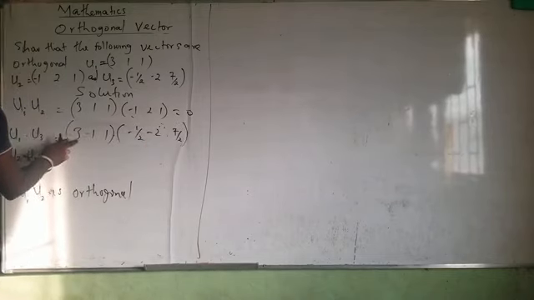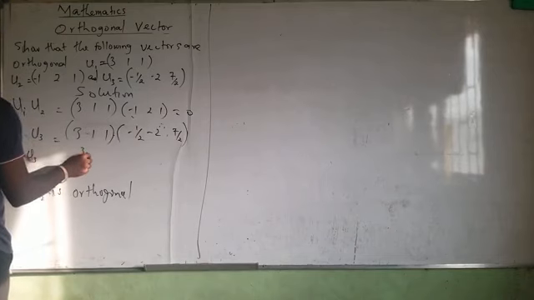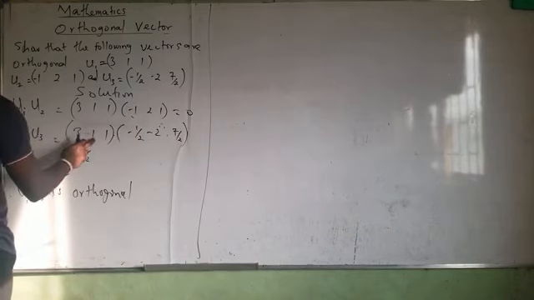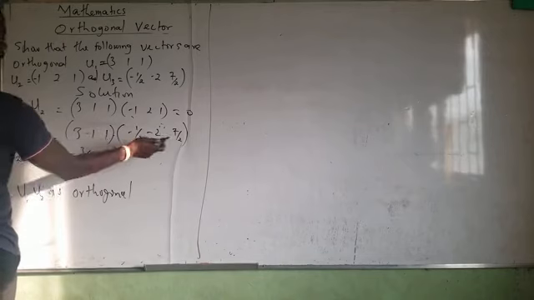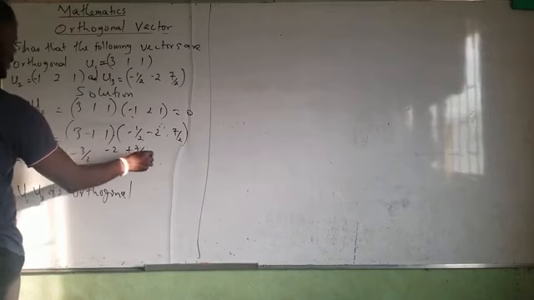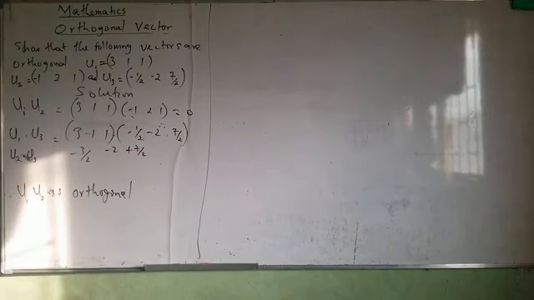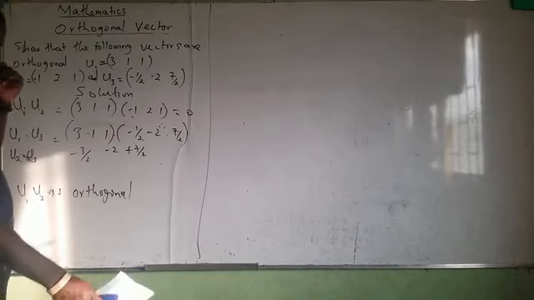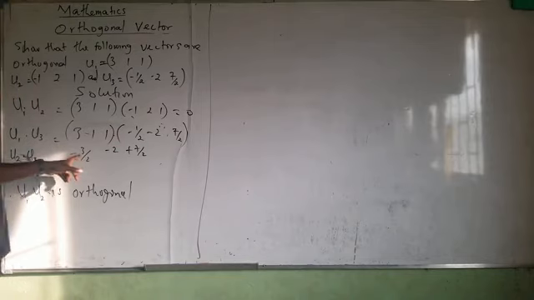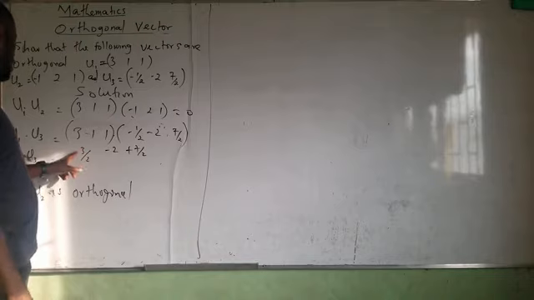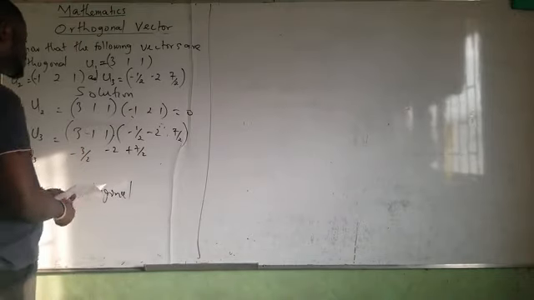How do I do this? This and this, 3/2 minus and minus 2 and plus. This should be 0, right? Yes, it should be 0 because I have 4, that will be minus 7, which is going to be 0.